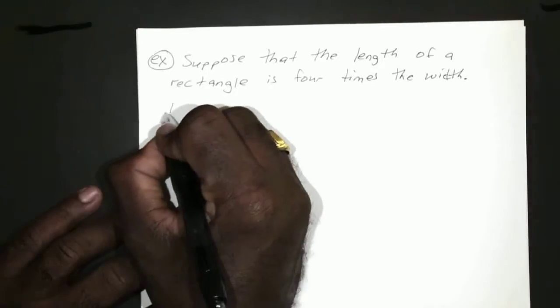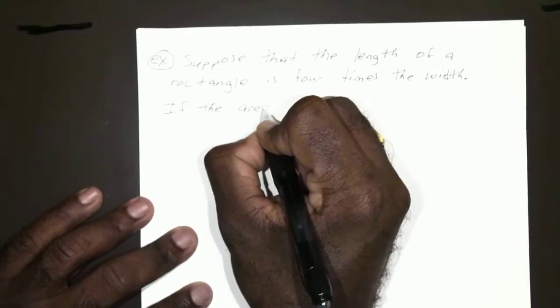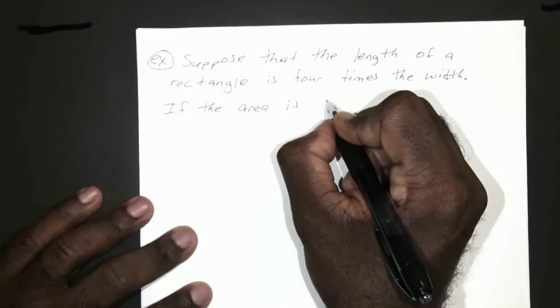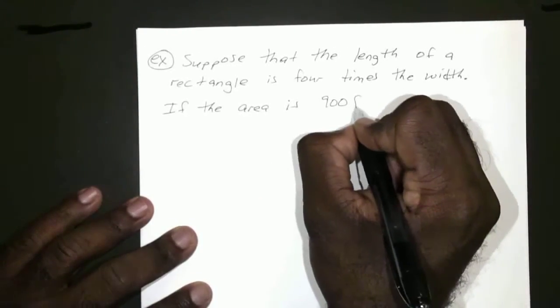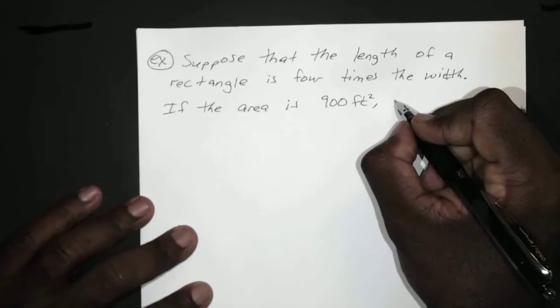If the area is 900 square feet, then what is the width of the rectangle?